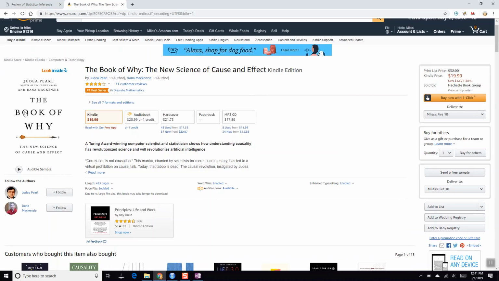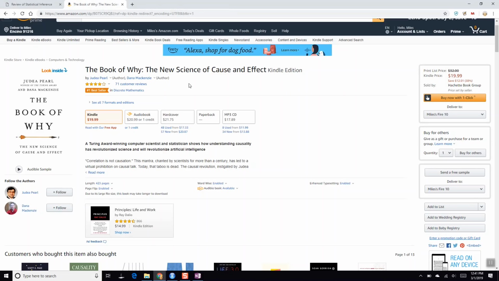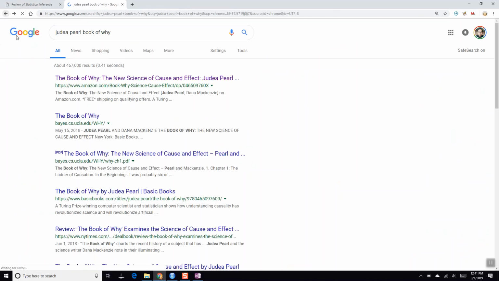And so anyway, fascinating book. I recommend it if you've got some spare time. And this is from our very own Judea Pearl in the computer science department.